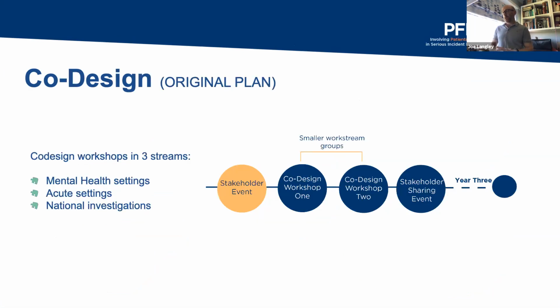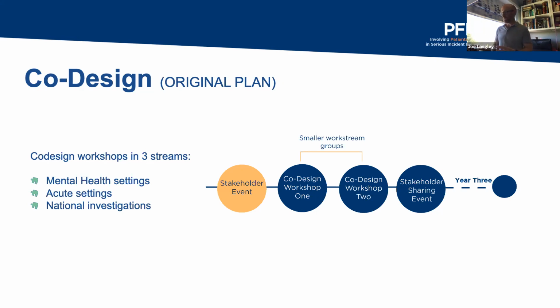Again, this was a piece of work we submitted the proposal for and won the funding for before COVID. So back then, life was much simpler. We had adopted our then norm for co-design. We had face-to-face interactions as our go-to co-design approach. There was going to be a stakeholder event that brought all of the co-design teams together from all three settings, and then we would break out into 3 parallel work streams, each work stream having 2 co-design workshops.